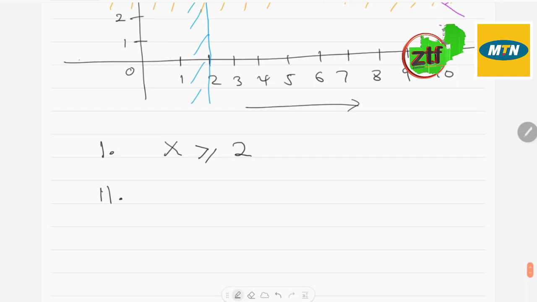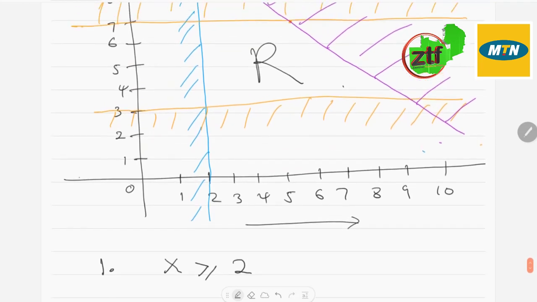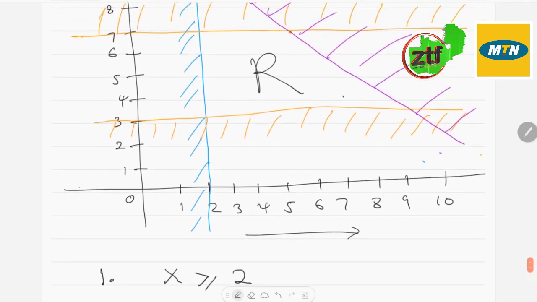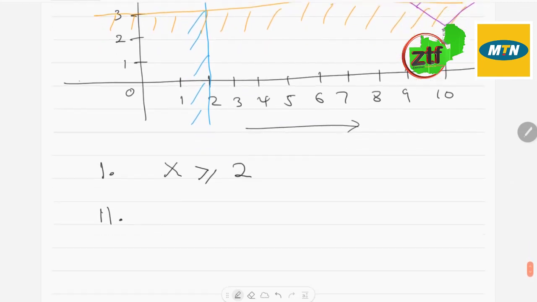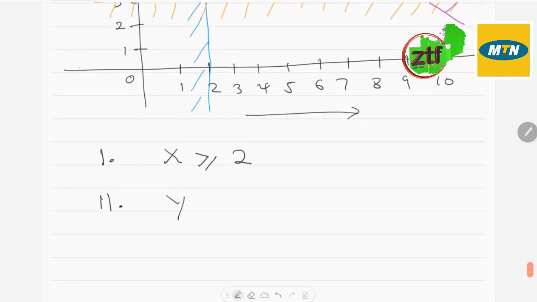Then number 2, it is our second constraint, or you can also call it the inequality, it's fine. But under linear programming, we are calling it a constraint. Okay. So when you look at number 2, let's look at the line that is passing at point 3 in the y-axis. So you have y because it is cutting the y-axis, and you have point 3.